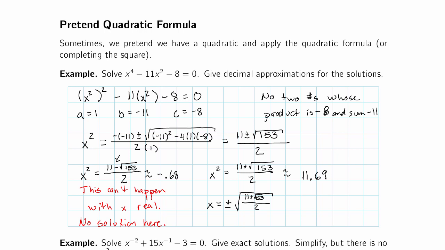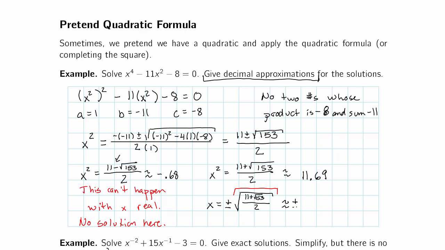We have a square root inside a square root. We could work on simplifying that if we felt like it. This question asks us, however, to give decimal approximations. So to do that, again, we just put this thing into a calculator.